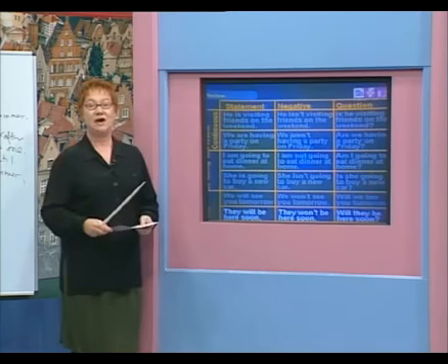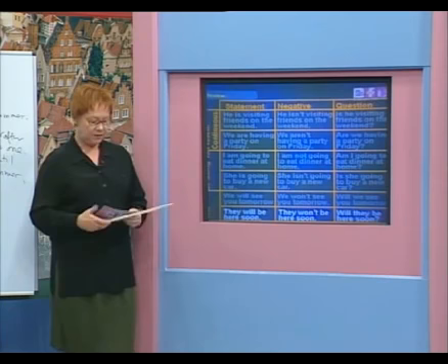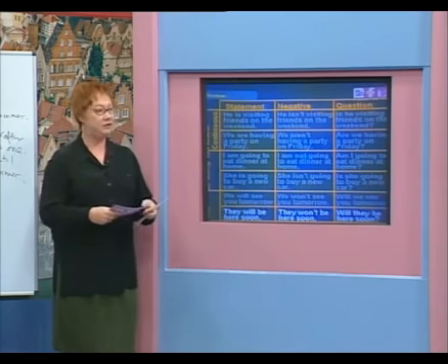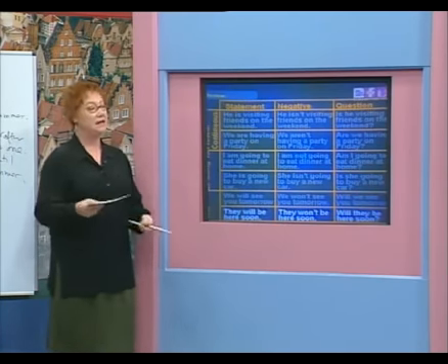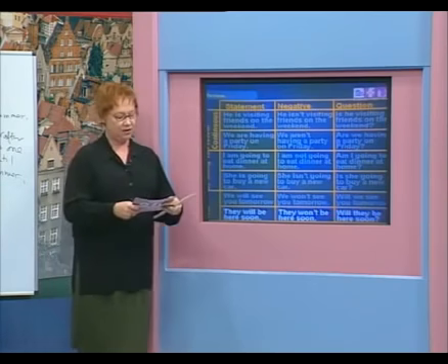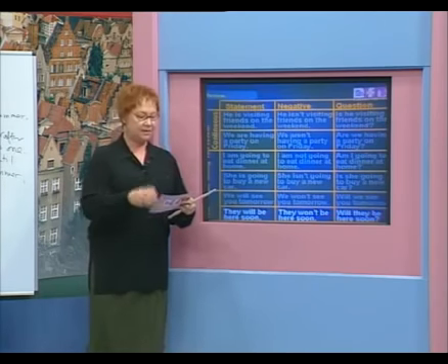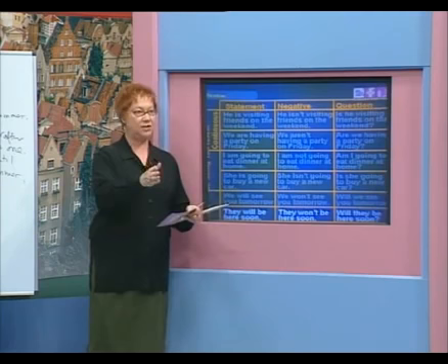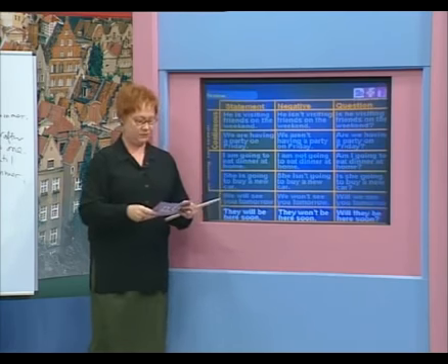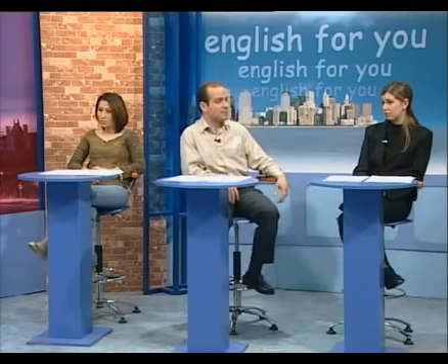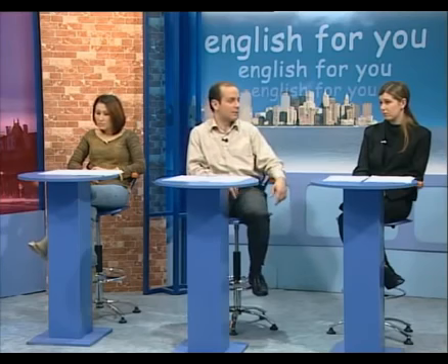Now, let's practice a little bit. We're going to practice using future tenses by asking and answering questions. So, Ali, first, please ask Isabel a question using be going to. Isabel, are you going to the party on Saturday? Yes, I am. Okay. Isabel, please ask Susan a question using will.